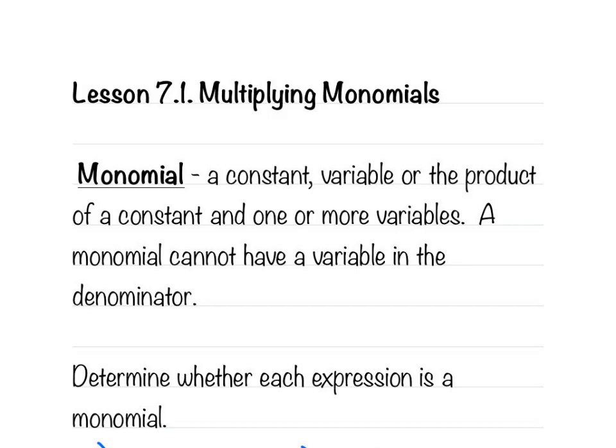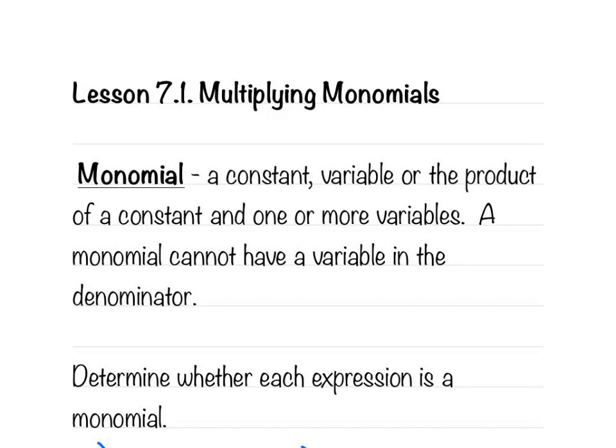A variable is a letter used to represent a number. So a variable can be considered a monomial. And the product of a constant and one or more variables can also be considered a monomial. For example, 2x would also be considered a monomial.